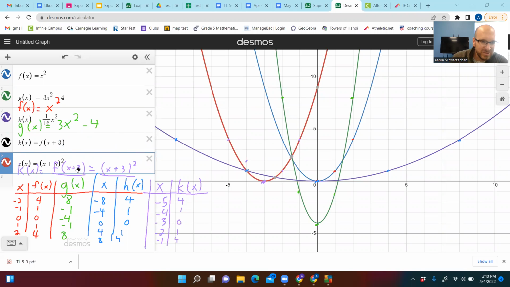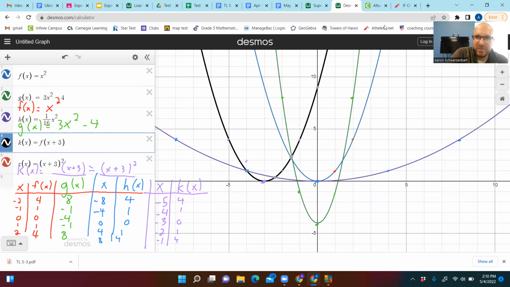So same function notation versus equation notation. And I can switch between them. So here I just turned off the black one. Turn the black one on, turn it off. They're the same graph.